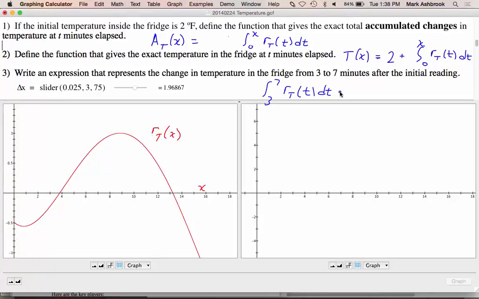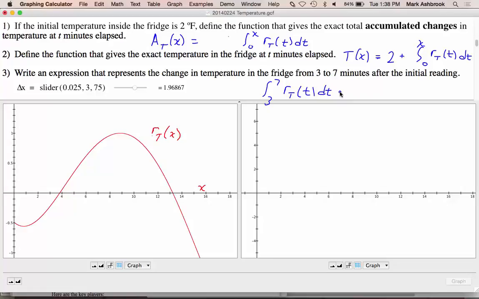This is what a lot of us missed on the test. And we worked on it that Thursday, right before the test. Plus 2 or not? If we want the accumulated changes in temperature from 3 to 7, do we add 2 to this integral or not? No. Why? Because the change from 3 to 7 has nothing to do with what the temperature started at. It could have started at 10, it could have started at 2, it could have started at 100.